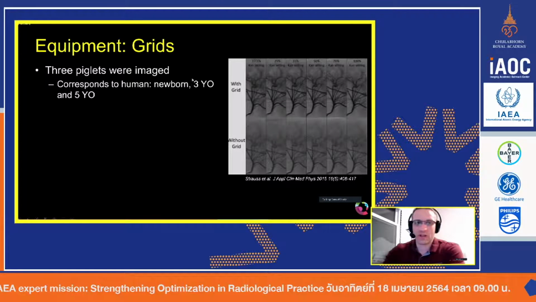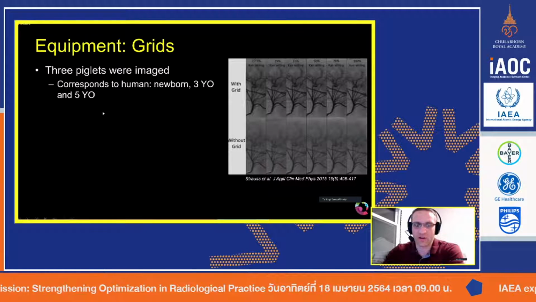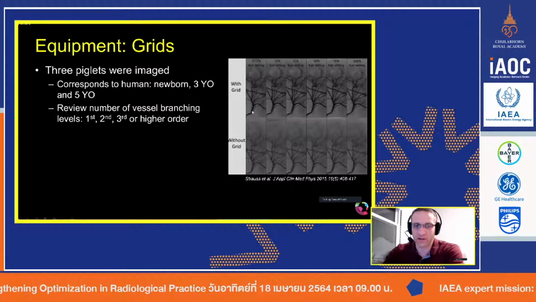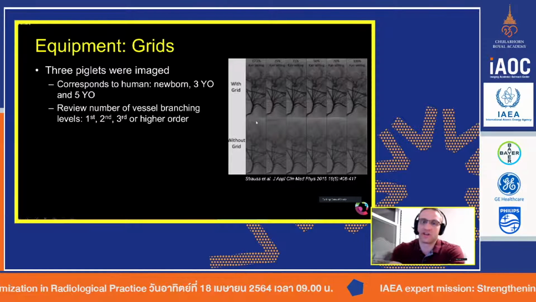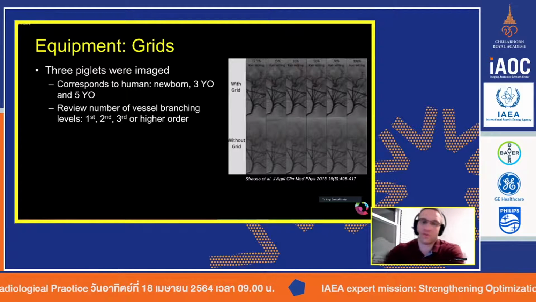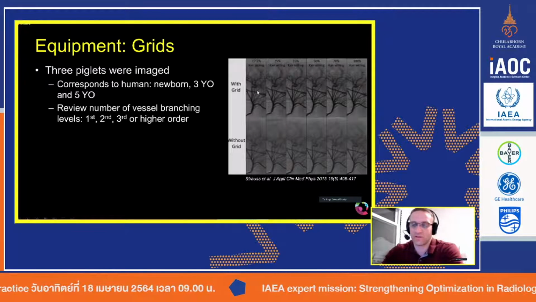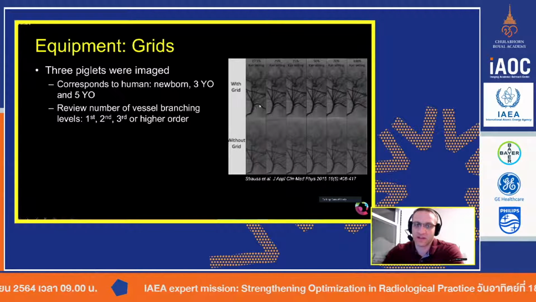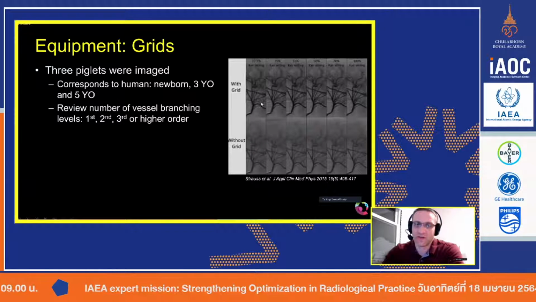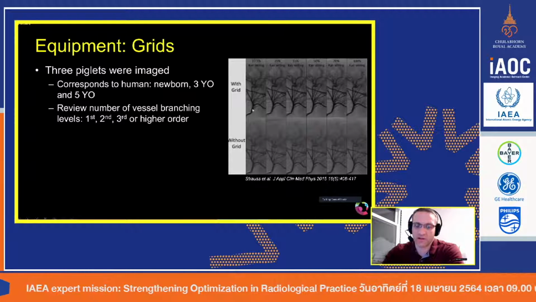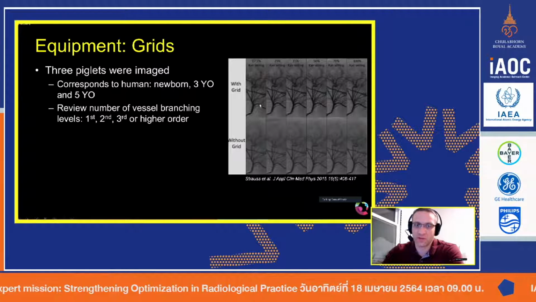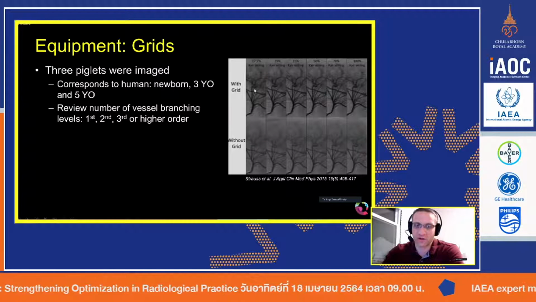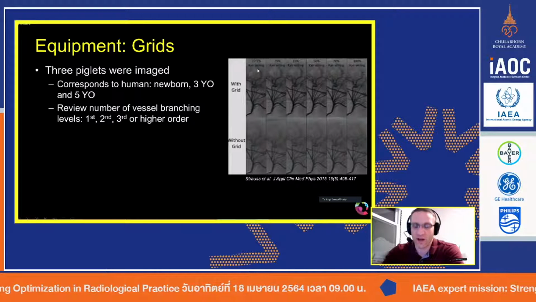What they did was catheterize them and inject iodine. The task for the interventional radiologist was to count the level of branching: off the main artery, the first level, and once it branches again, the second level, and if it branches again, third level or higher.